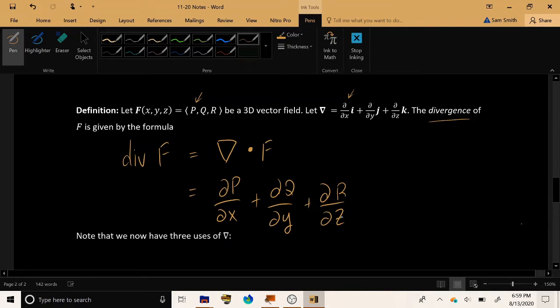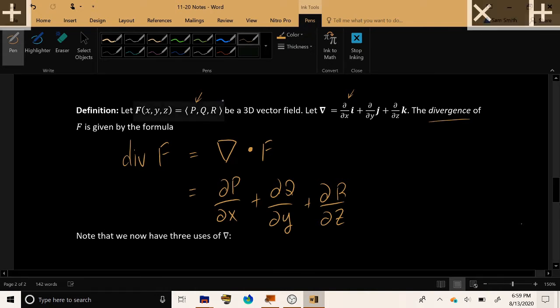So in each case, there is a matching behavior. P is the x-coordinate, and we're taking the x derivative. Q is the y-coordinate, and we are taking the y derivative. R is the z-component, and we are taking the z derivative. And then we're adding all of those together.